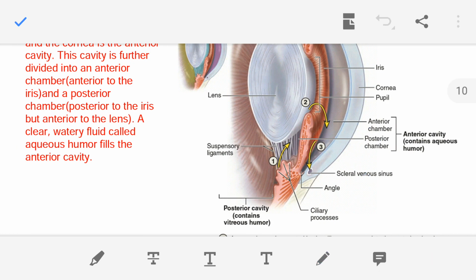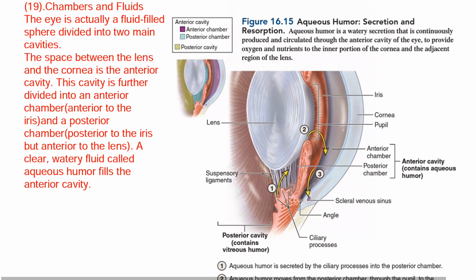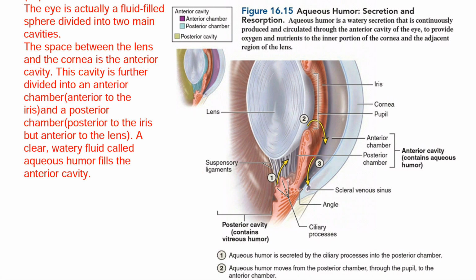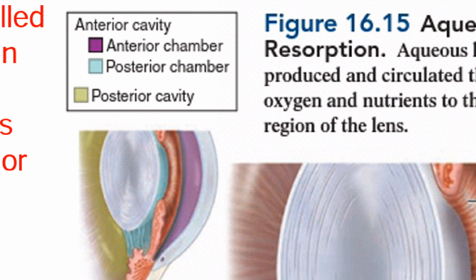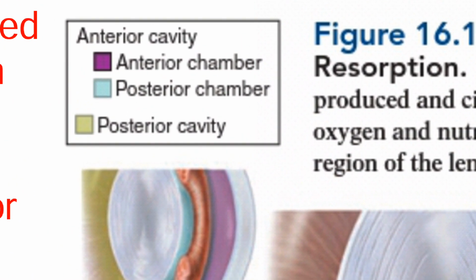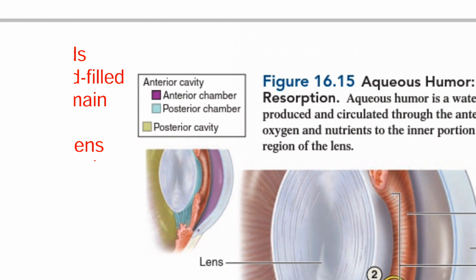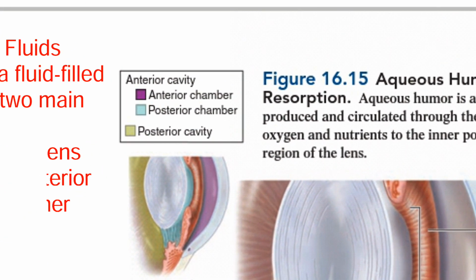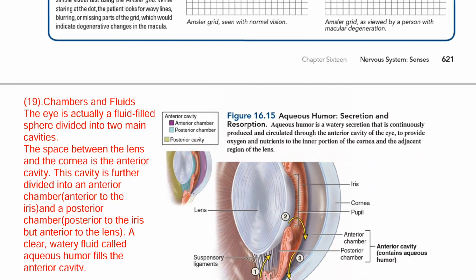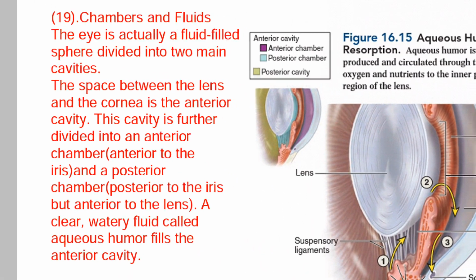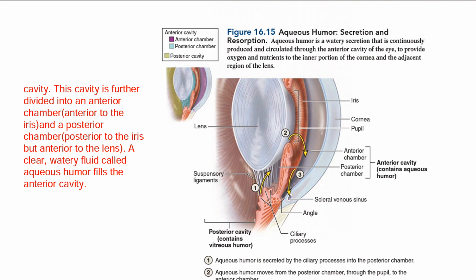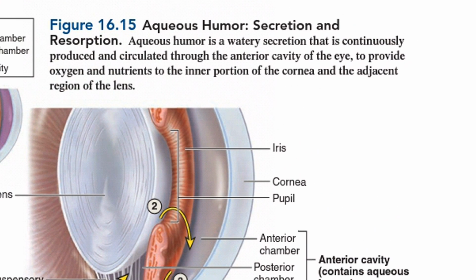So aqueous humor is the fluid of the anterior cavity, the fluid of the anterior and posterior chambers. This is the key for the anterior chamber, posterior cavity. This is your theory point. This is the figure.